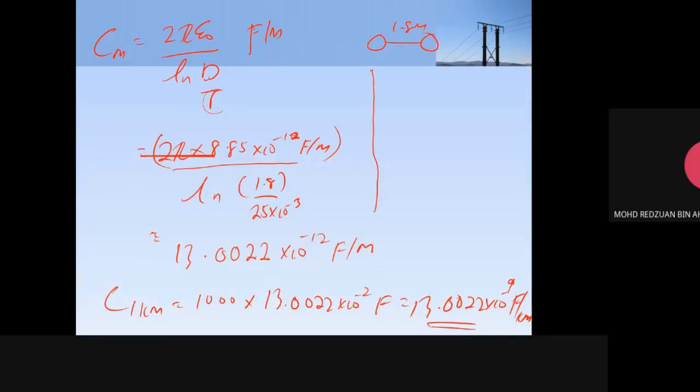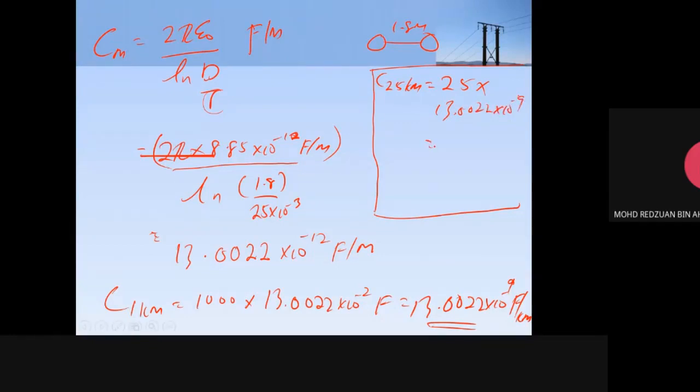To get C for the 25 kilometers, C for 25 km equal to 25 times 13.0022 times 10 minus 9.